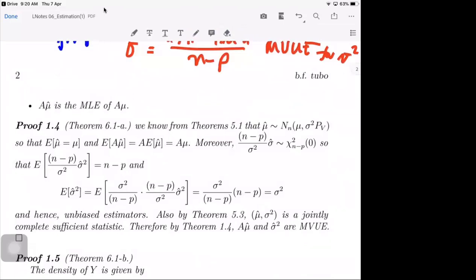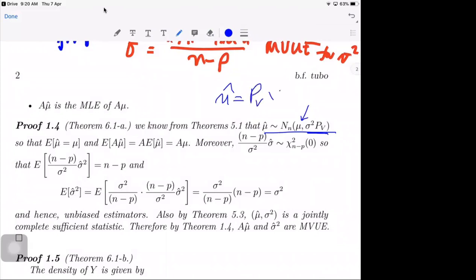Okay, so we know from theorem 5.1 that this is the distribution of our mu hat, which is normally distributed with mean mu and variance. Because how do we define our mu hat? That is the projection of y unto V, no?